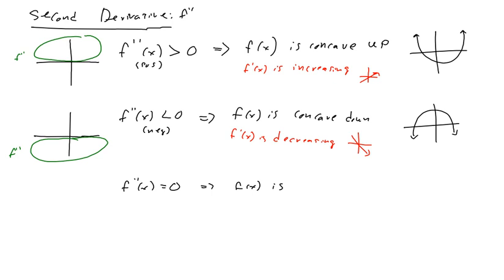Now my second derivative is touching the x-axis. F double prime is on the zeros. What is happening in f of x at those locations? What is the graph doing when f double prime is on the zeros?